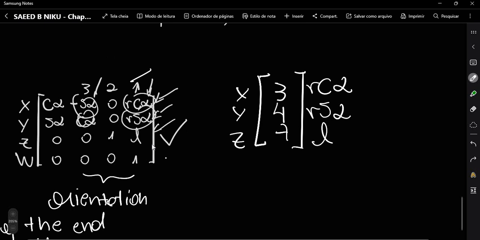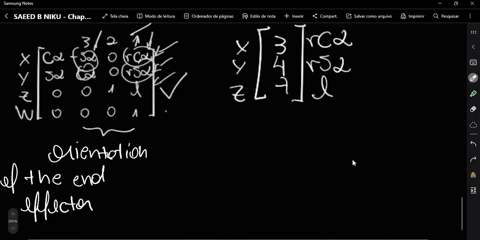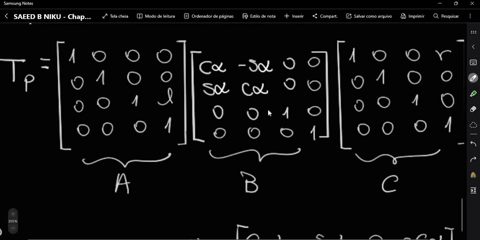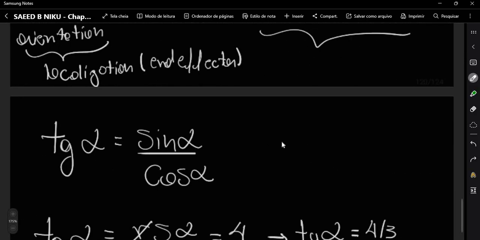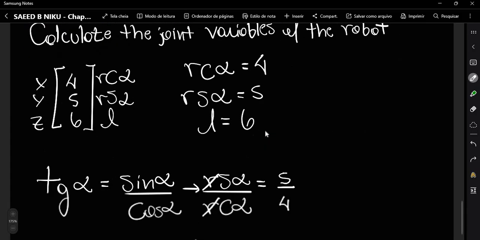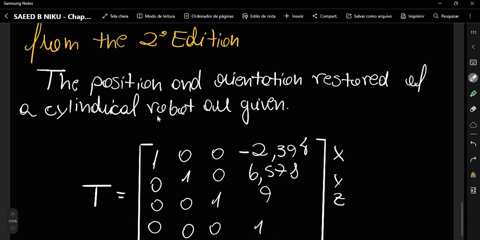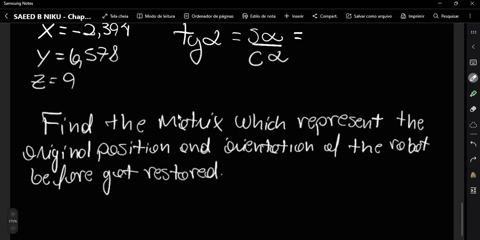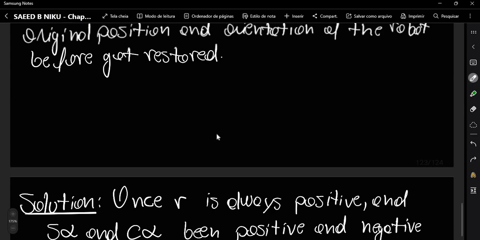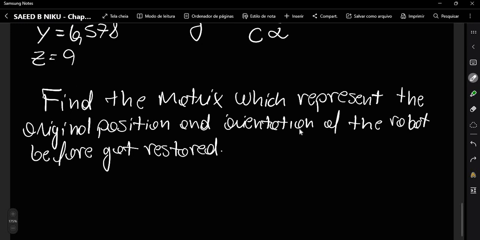So these first three columns represent the rotation of the end effector, and as you can see right here is r times cosine of alpha, r times sine of alpha. And what is given to us is a matrix, and it asks us to find the matrix which represents the original position and rotation of the robot before it got restored.